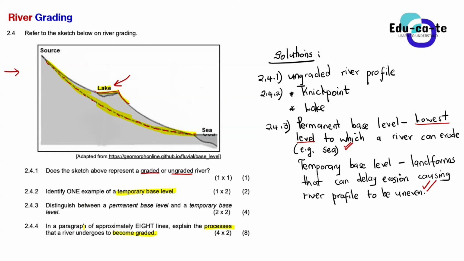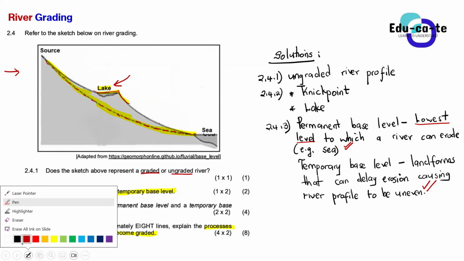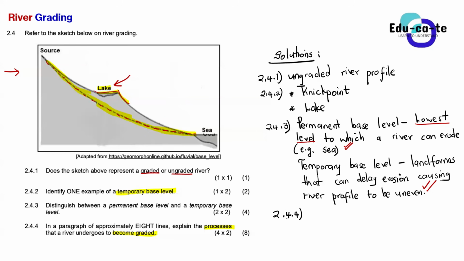Now, what processes are associated with that transition from being ungraded to being a graded river profile? Erosion and deposition, sir. You cannot just say erosion and deposition for 8 marks. Erosion and deposition, four points for 2 marks each. One by one, state one by one.